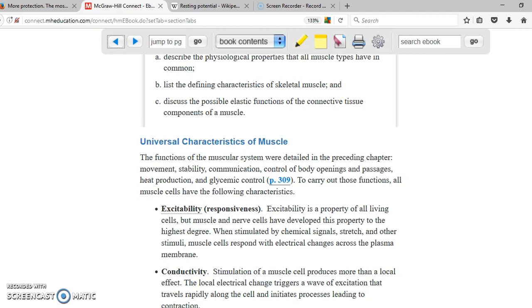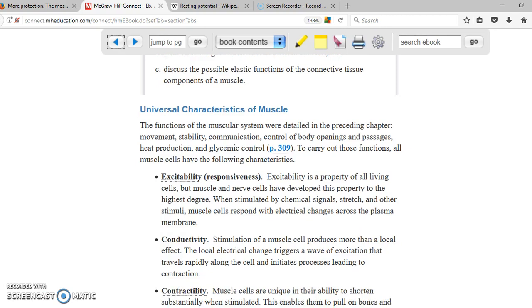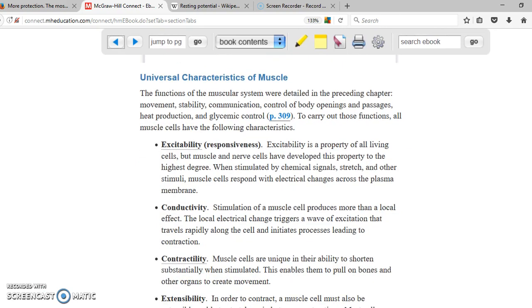And these characteristics that the cells must have are excitability. And one of the first things that I want you to pay attention to here is, look, electricity. Another one is conductivity. Why? Because it should be able to conduct electricity. You see it? So electricity is very important. That's something that we're going to be talking about a lot in this chapter.